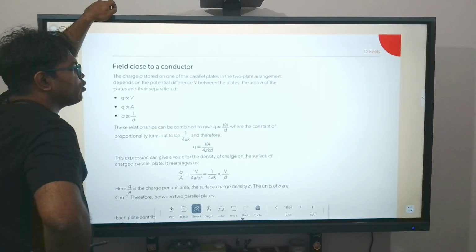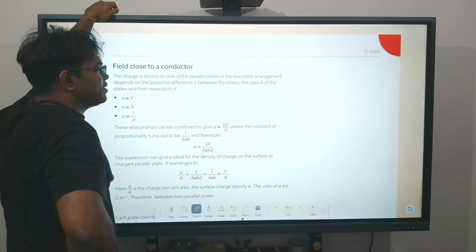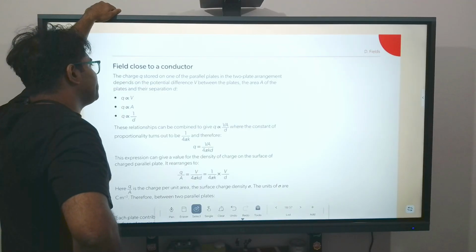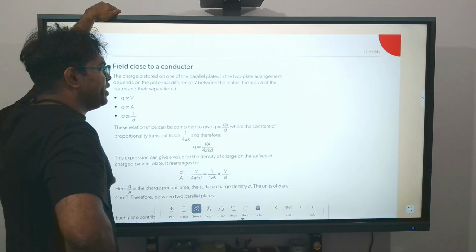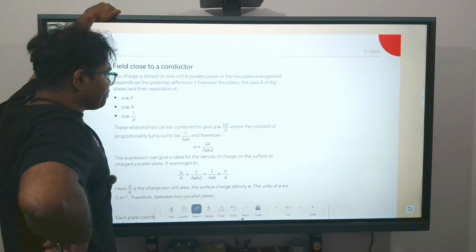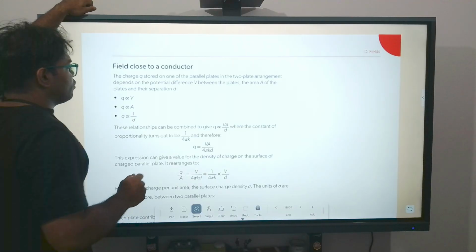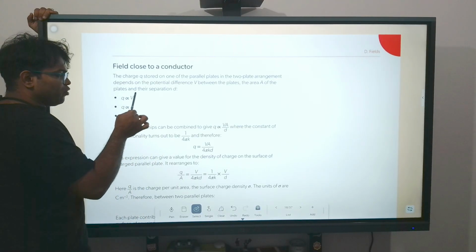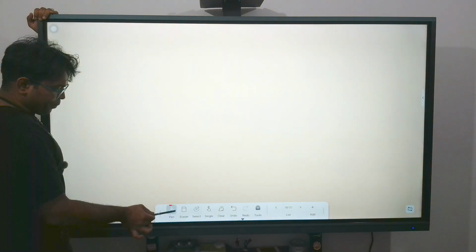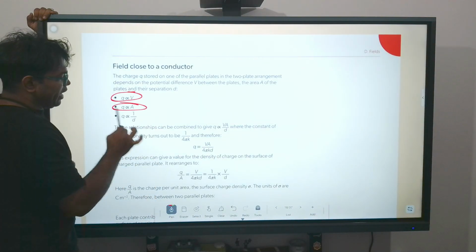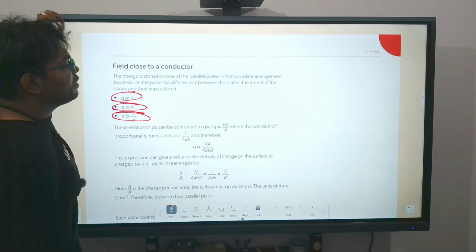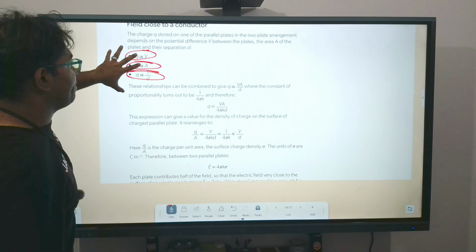The charge Q stored on the parallel plates depends on the potential difference V between the plates, the area of the plates and the separation. So how much charge can be stored depends on the potential, the area, and it is inversely proportional to the distance between them.